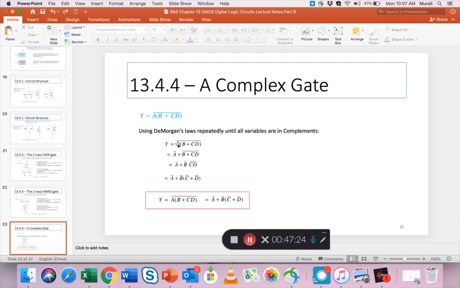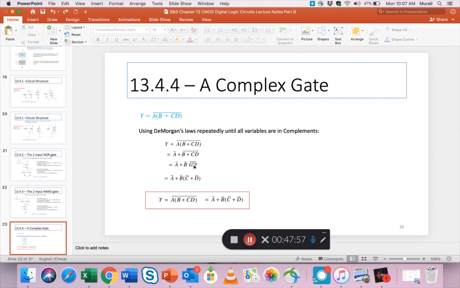Okay, so y equals a into b plus cd. So applying De Morgan's laws, that multiplication is replaced with an or, an addition. But now you are flipping both these functions, right? Then you take the b plus cd and convert it into an AND by putting the bars on individuals.